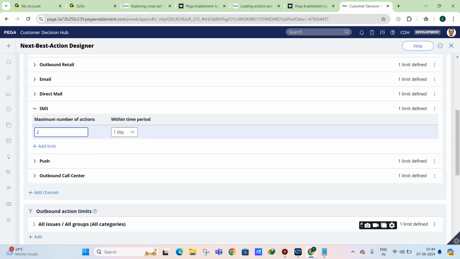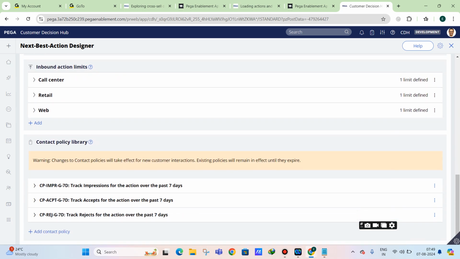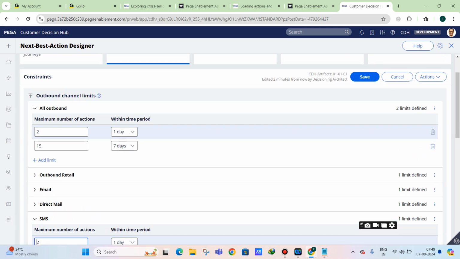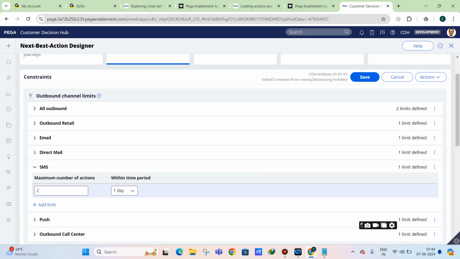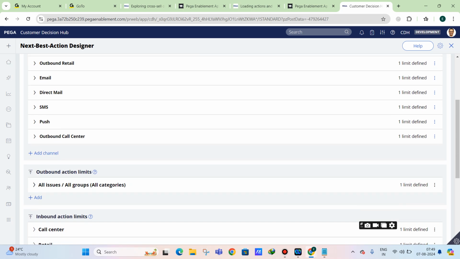You have all the options, you can select this, and you can send within this limit only. Basically that is nothing but the contact policy, and this is completely at application level. This is not specific to any issue or any group, but this is for all the issues, all the groups. This is the limit.